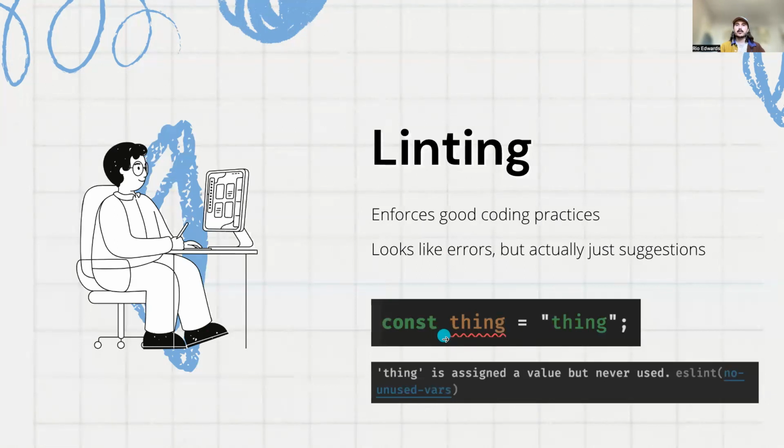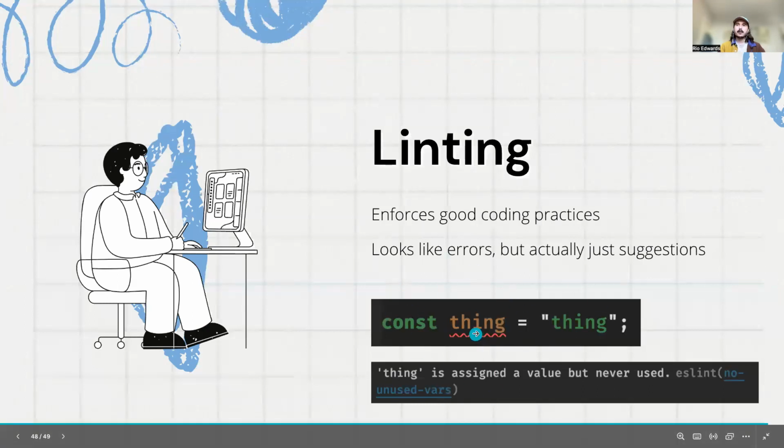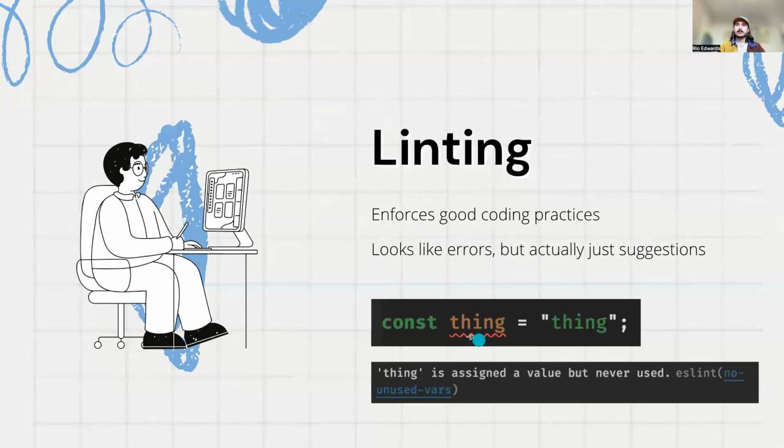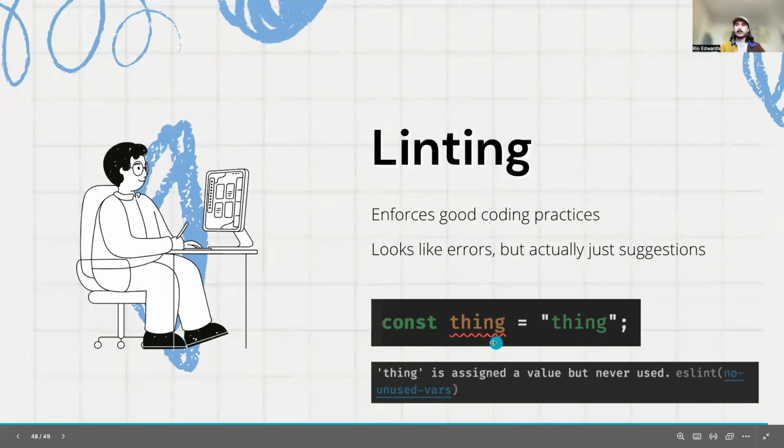And normally you've seen these red squiggles as a syntax error, like your code won't run. In the case of linting, it will give you those same red squiggles, but it'll just be for suggestions. And so a common one you'll see is you declare a new variable, and it'll get a red squiggle over it, because you created this variable but never used it.